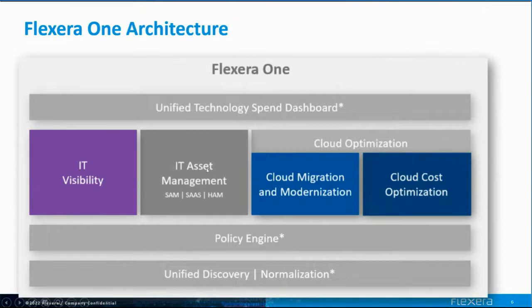IT asset management shares the inventory part, for instance, with the same agent, and we'll soon share the normalization part, which means that the version recognized in IT asset management may be major, which is what we want to manage when we do licensing.